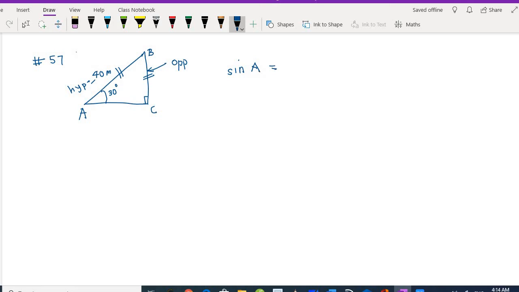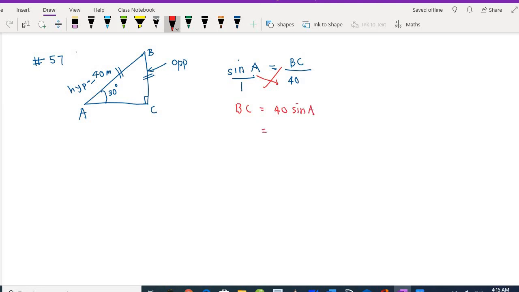So sine A would be the opposite, which we need to find, the length BC, divided by the hypotenuse, which is 40 meters. So if we cross multiply here, we arrive at the length BC is equal to 40 sine A.